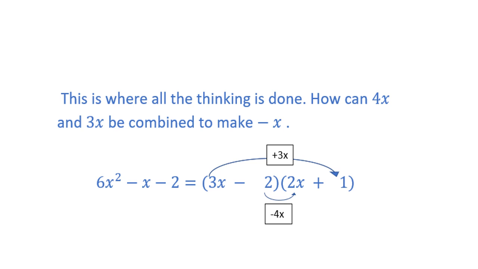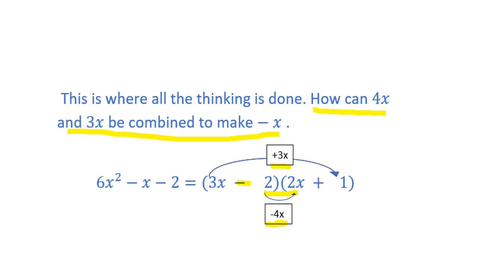And there's the question there. How can 4x and 3x be combined to make minus x? And there's the answer. Minus 4x plus 3x will make minus x. So to get minus 4x, I must make sure that this combination here is a negative answer. So I put a minus sign in front of the 2.